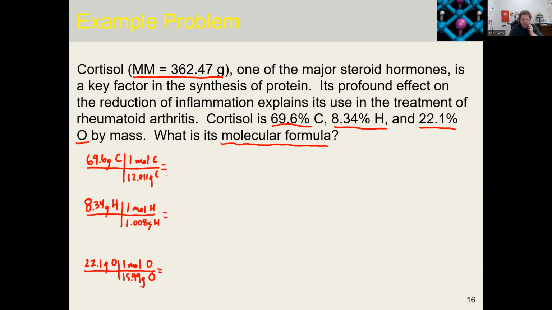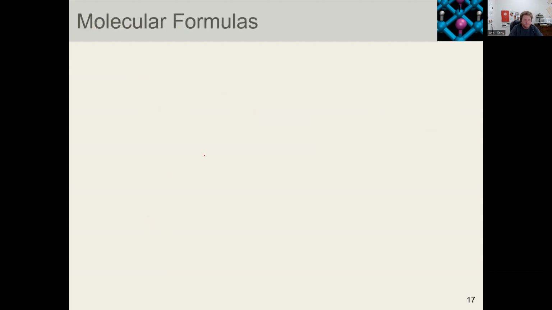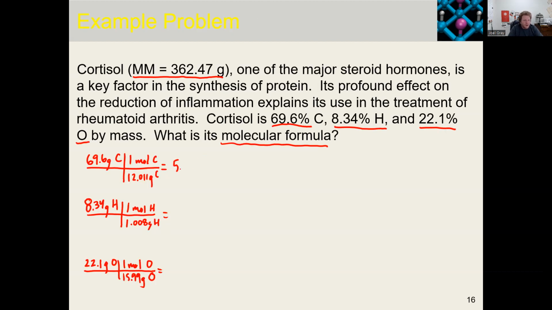So 69.6 divided by 12.011 is going to be 5.79 moles of carbon.